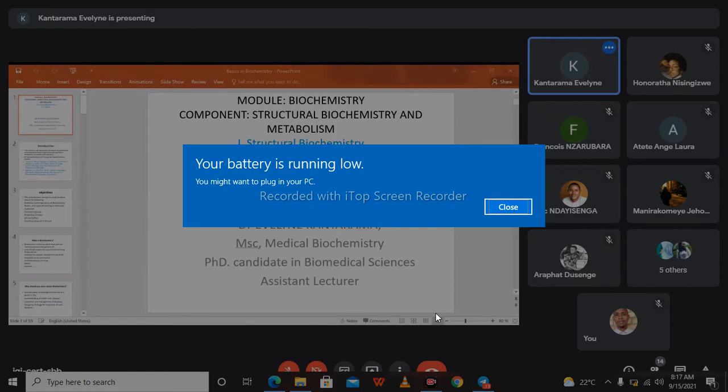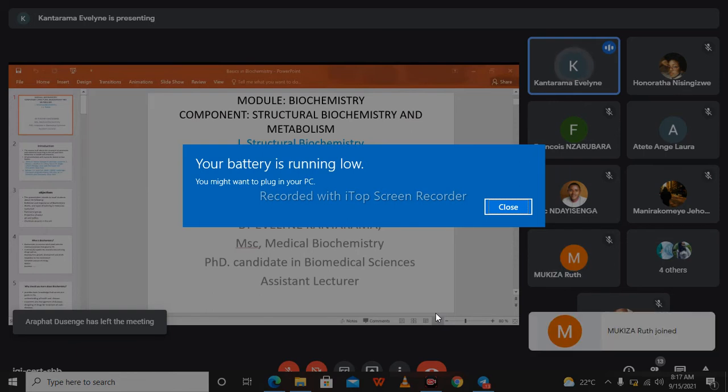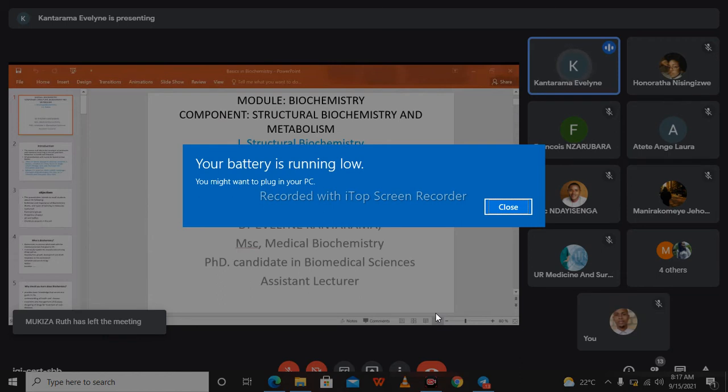Now let's start with what we have seen in secondary school: the concept of atoms, elements, molecules. Matter is composed of extremely small particles called atoms.